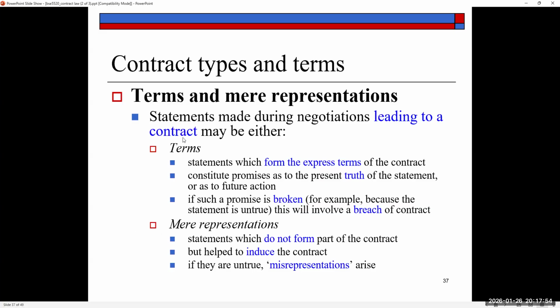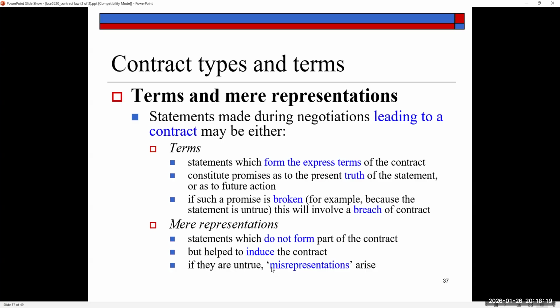But different from contract terms, some statements are not expressly incorporated into the contract. Some are just mere representations, statements not forming part of the contract, but which help induce the contract. What does it mean?